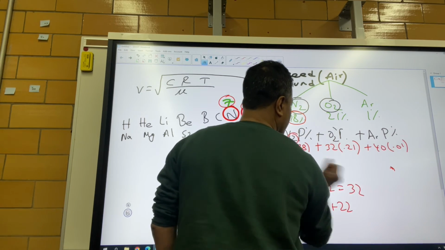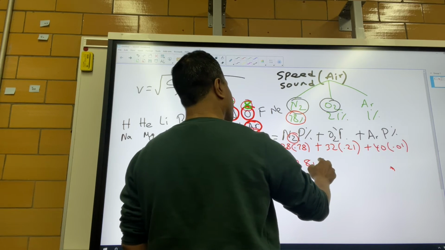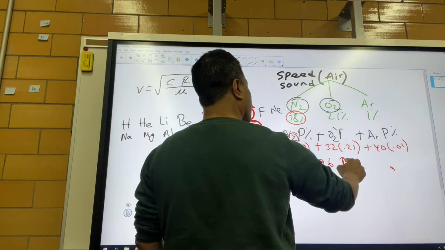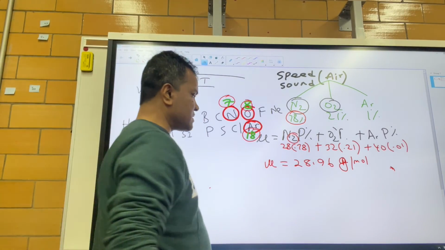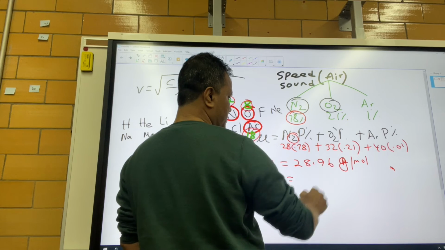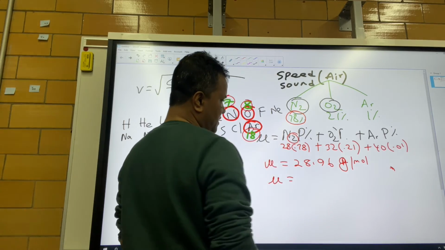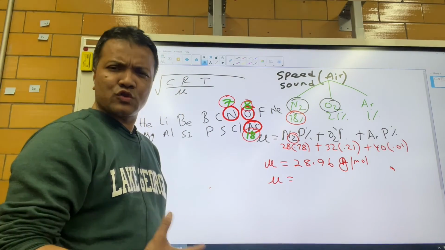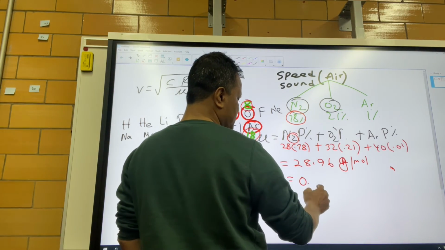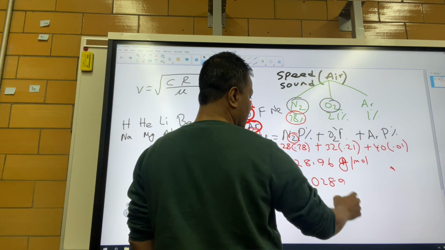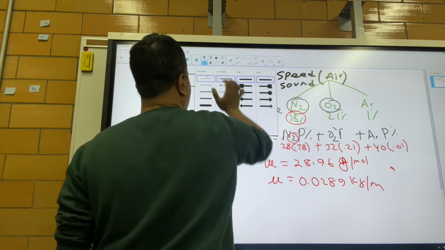If you do the math, you get molar mass is 28.96 gram per mole. Now gram is not an SI unit, we have to convert it to kilogram so that it is an SI unit. So we divide by 1000, to convert it to kilogram. If you divide it by 1000, that's 0.0289 kilogram per mole. Now we're almost done.